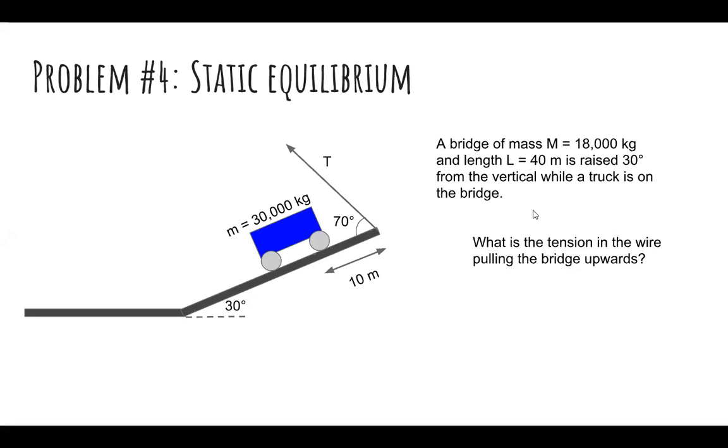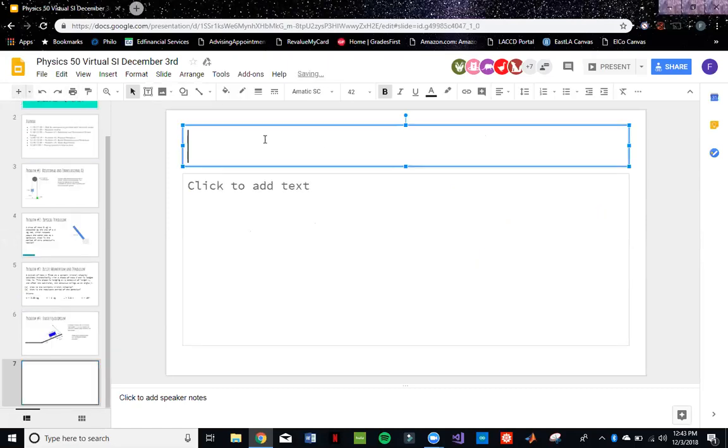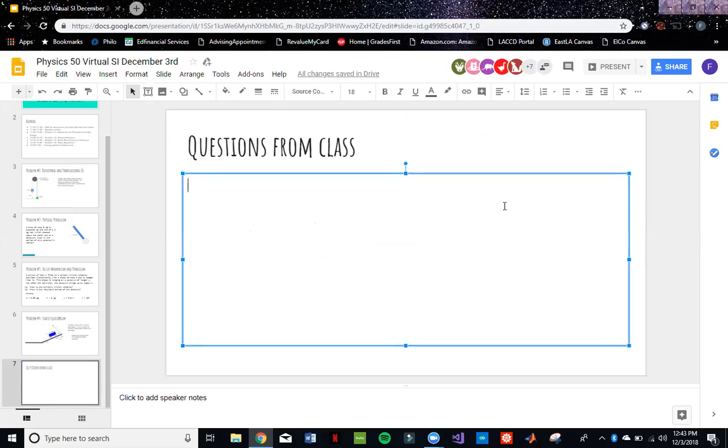Ideally, you have questions. They could be about any concepts from the class, any of the problems that we did. I'm going to assume you have questions because it's a final exam. You always have questions. So at this point, just feel free to type it into the chat.